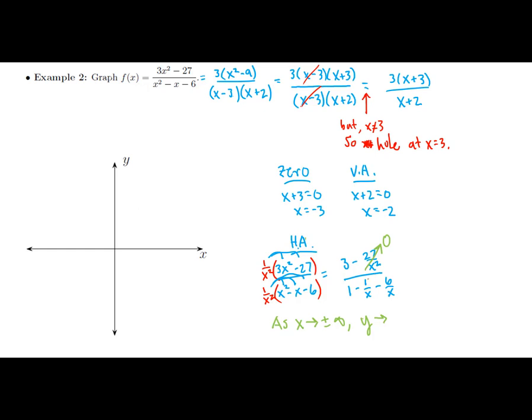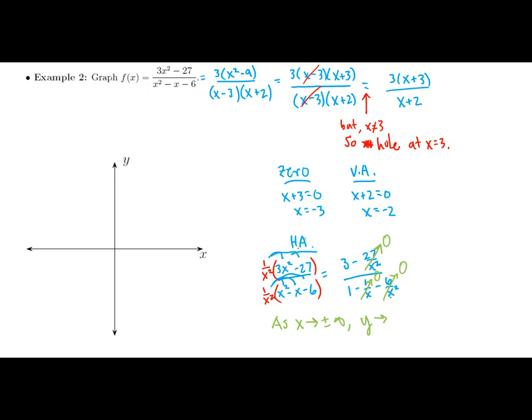Think a million: 27 divided by a million is pretty close to 0. Same thing as 1 divided by a million is pretty close to 0. Oh, and I apologize, I forgot my square on this term here.